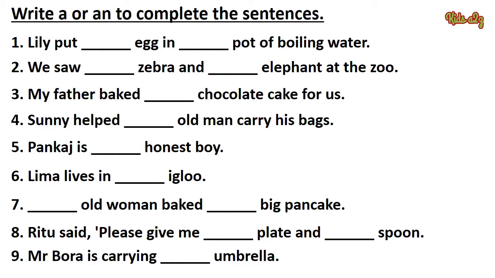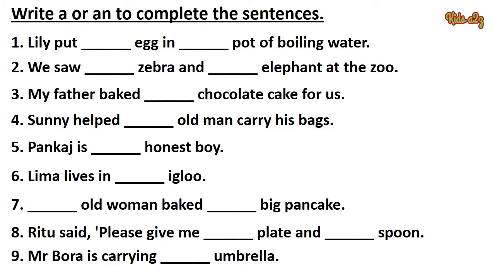Question number 5, Pankaj is dash honest boy. Answer is an. Question number 6, Lima lives in dash igloo. Answer is an. Question number 7, dash old woman baked dash big pancake. Answer is an old woman and then a big pancake.